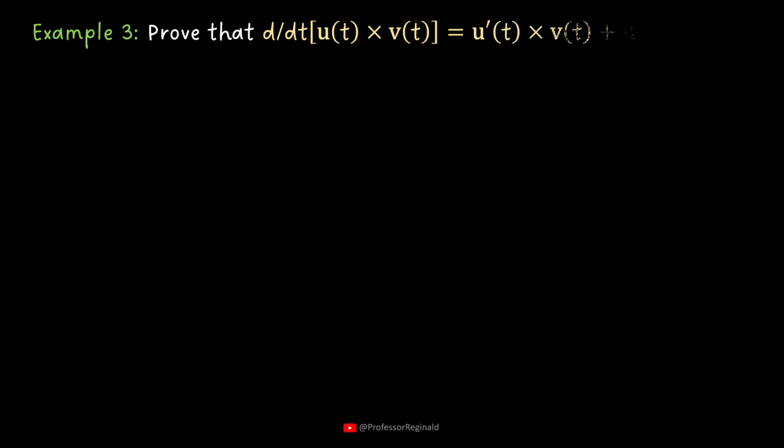Example 3. Prove that the derivative of a cross product is given by the cross product rule. Solution. First, substitute the vector form of the cross product of two vectors.